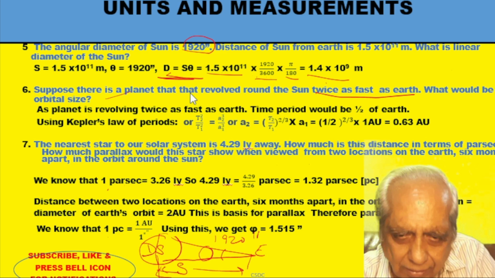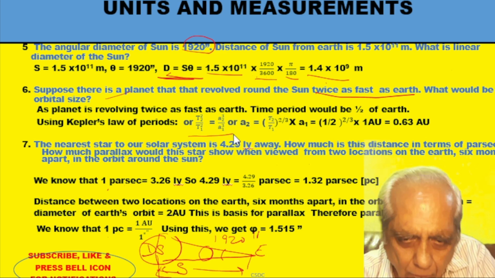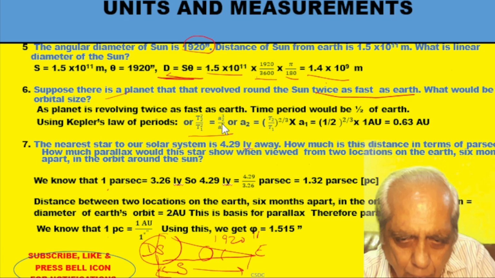Okay. So I will use Kepler's law. Kepler's law says the square of the period is proportional to the cube of the semi-major axis. So T2 square upon T1 square would be A2 cube upon A1 cube.